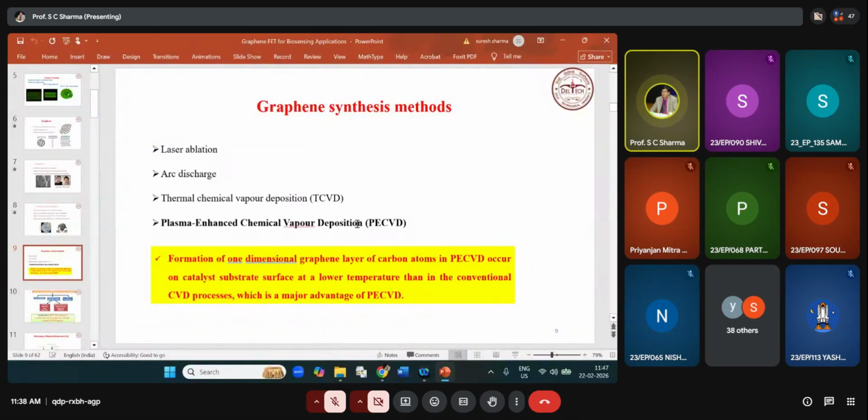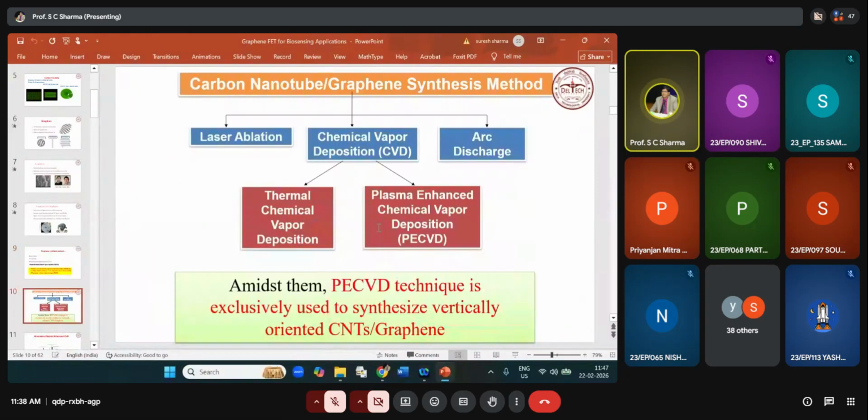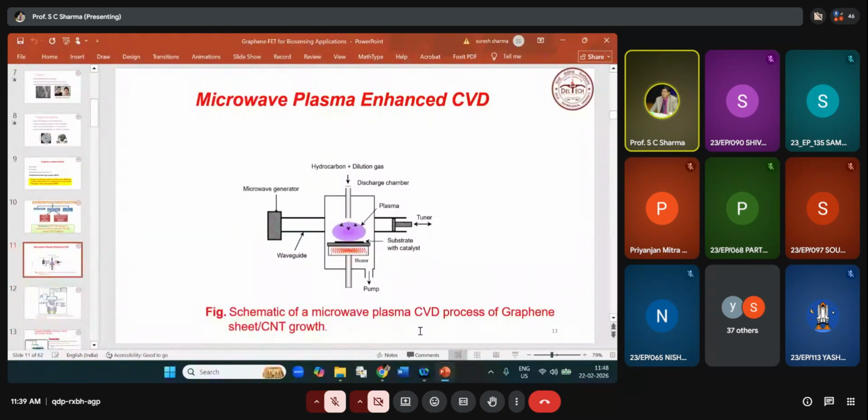Because of the many advantages of PECVD or MPCVD, we can get vertically aligned carbon nanotube or graphene. So these are the synthesis or fabrication methods: laser ablation, chemical vapor deposition, thermal chemical vapor deposition, and plasma enhanced chemical vapor deposition. And this is the MPCVD technique.